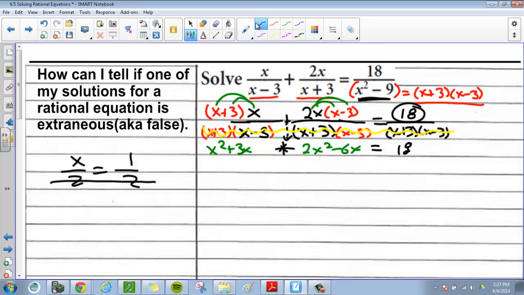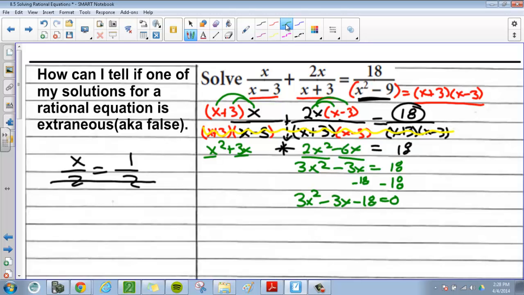Let's combine some terms and move some things around. This x squared and this 2x squared gives me 3x squared, and this 3x and negative 6x gives me negative 3x. That's equal to 18. I'll subtract 18 from both sides to get everything on one side here. So I have 3x squared minus 3x minus 18 equals 0.